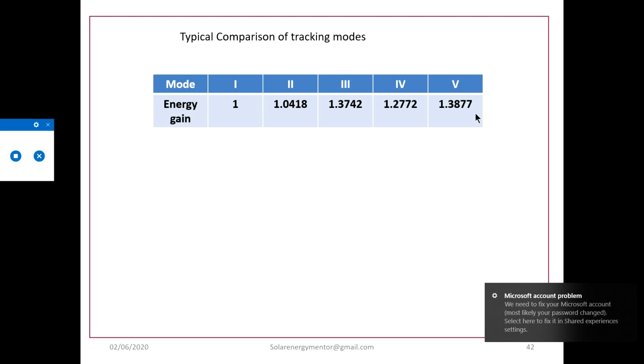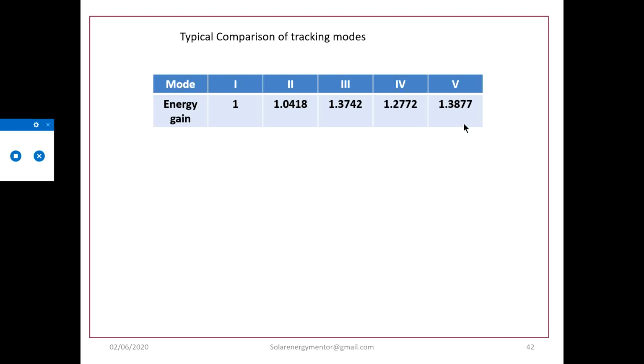In mode 5, obviously, it is logical that one will get the maximum energy gain, 1.38. But practically speaking, on economic considerations and energy gain considerations, mode 3 tracking is the optimum mode of tracking as far as parabolic trough concentrators are concerned.